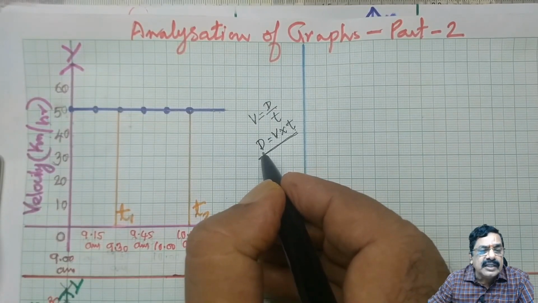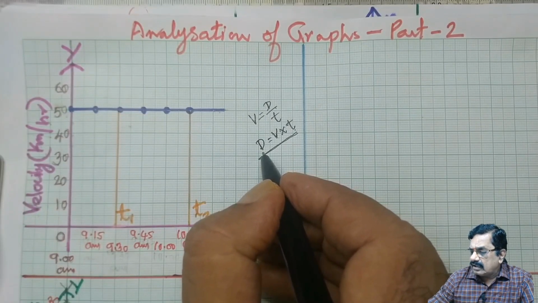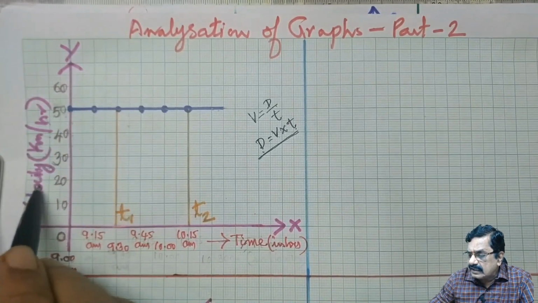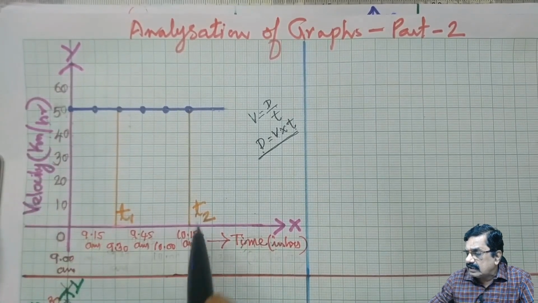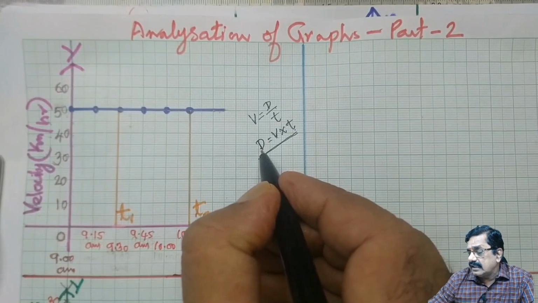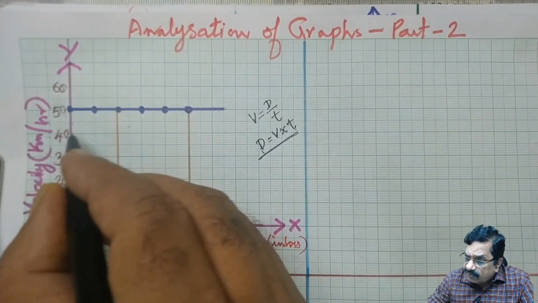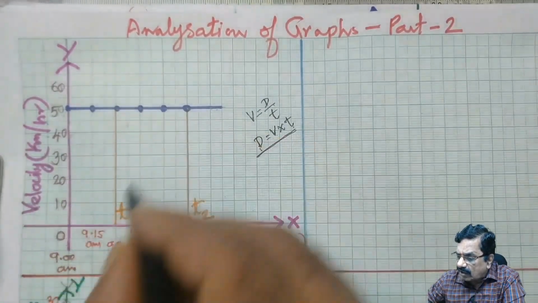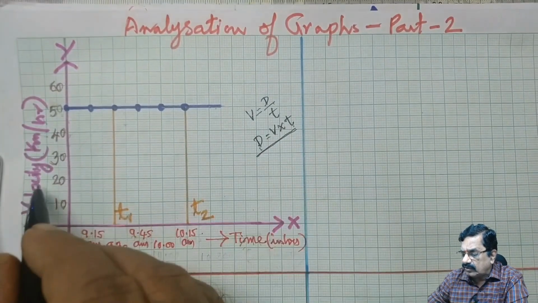I am repeating this sentence, my dear students, please listen carefully, and it is very useful for your higher classes also. This is a velocity time graph. If you take the product of the velocity and time, we will get the distance, that is the magnitude of the displacement. And from the graph, the area under the graph gives us the displacement, that is the product of the velocity and time.